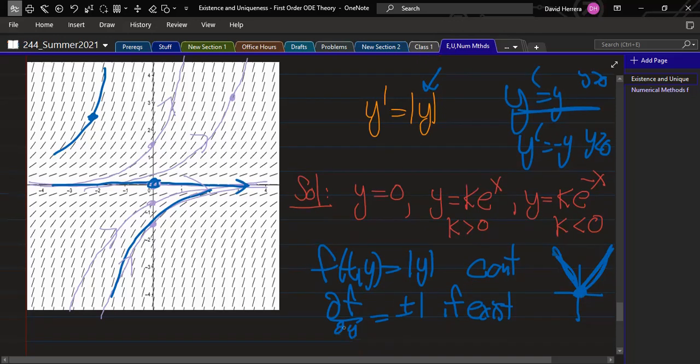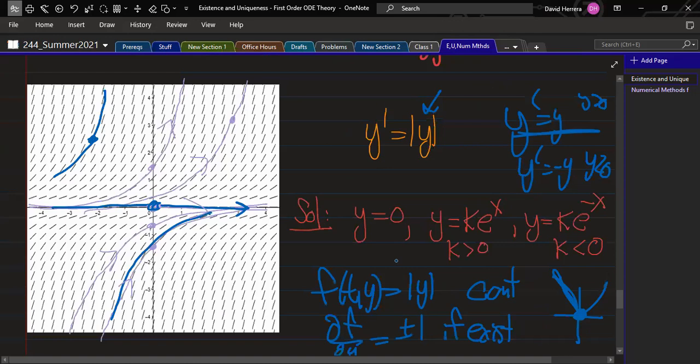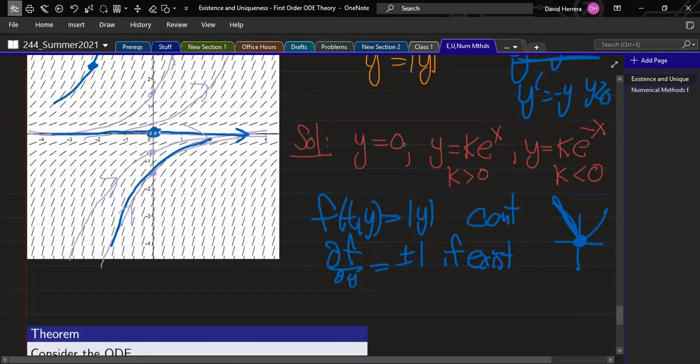So the derivative here, even though it's not continuous, is still somewhat nicely behaved. It's still 1 or -1. It's not getting too big. In this example here, it got really big, because when you plug in y equals 0, this blew up. So we see a whole bunch of different situations where we can explore uniqueness and existence.